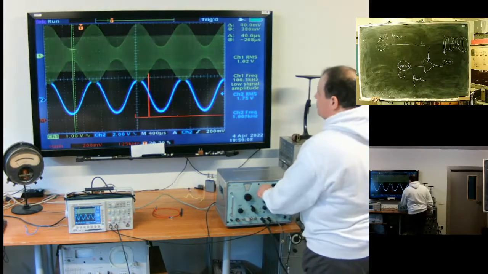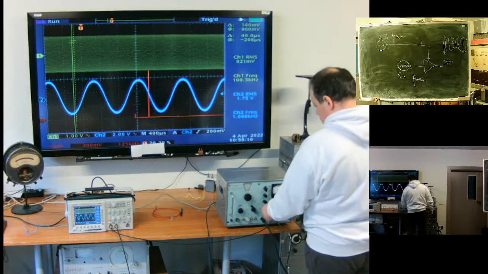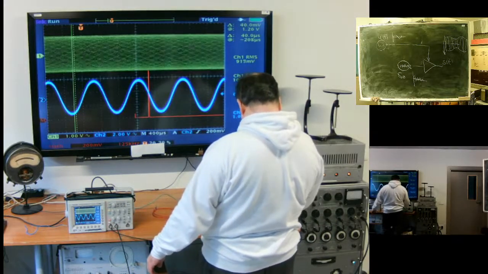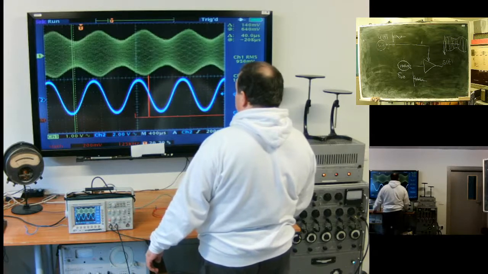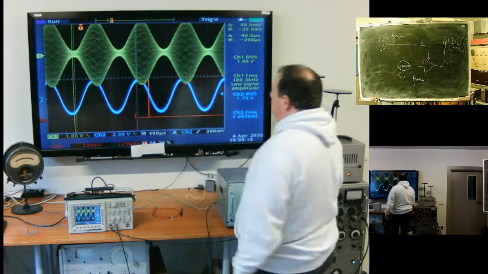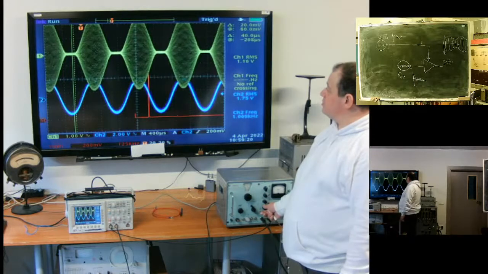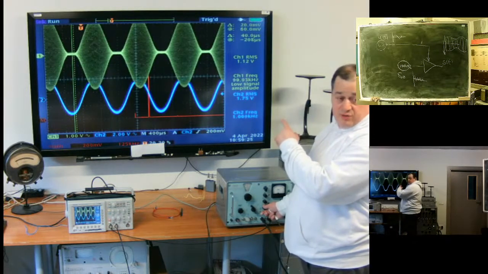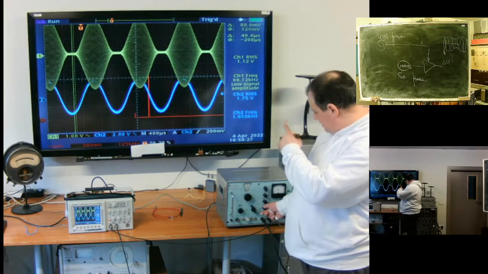I can use the internal 1 kilohertz source. It's over modulation. That's over 100%.